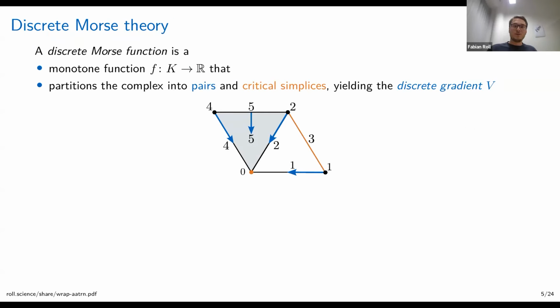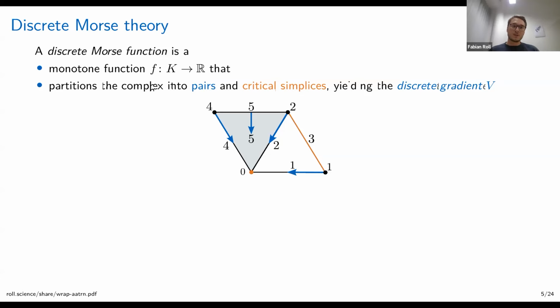Now a brief detour to discrete Morse theory. For those of you who do not know what discrete Morse theory is, in a nutshell, it is a discrete analog of smooth Morse theory, which usually deals with functions on smooth manifolds. Here in discrete Morse theory, we deal with functions on simplicial complexes.